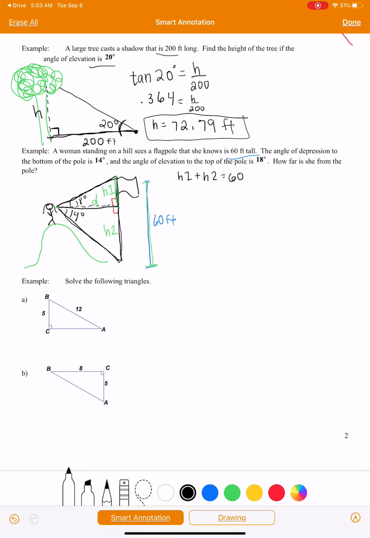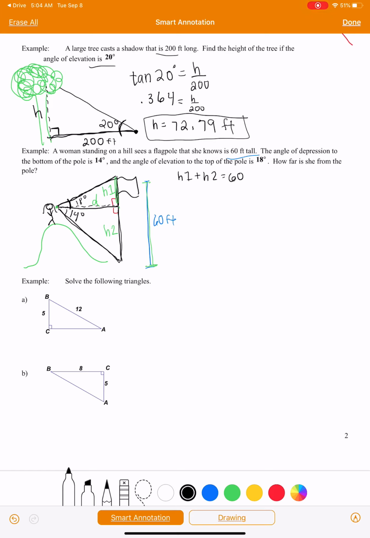So 18 is my reference angle. I know I have the height, which is opposite of that angle, and I also have what's going to be my final answer, the distance to the pole, which is D, and that's adjacent to my 18-degree angle. So height 1 is opposite, the distance D is adjacent, so opposite and adjacent, we want TOA, tangent.